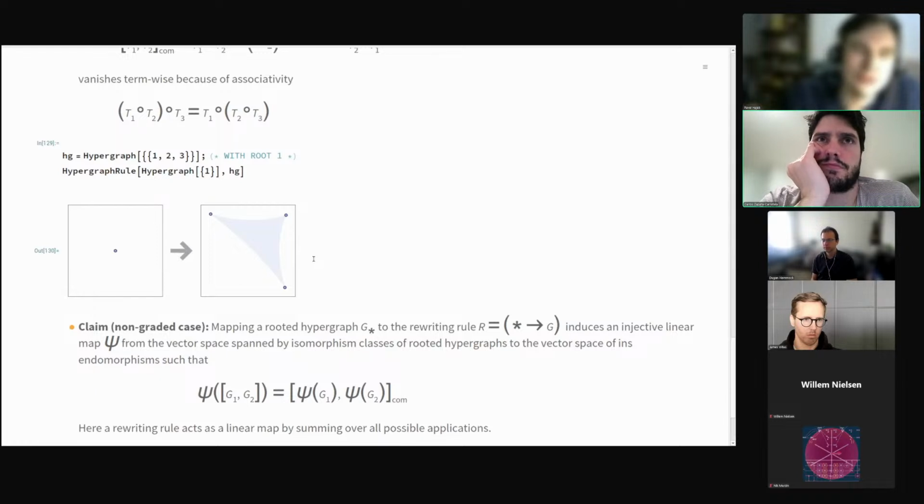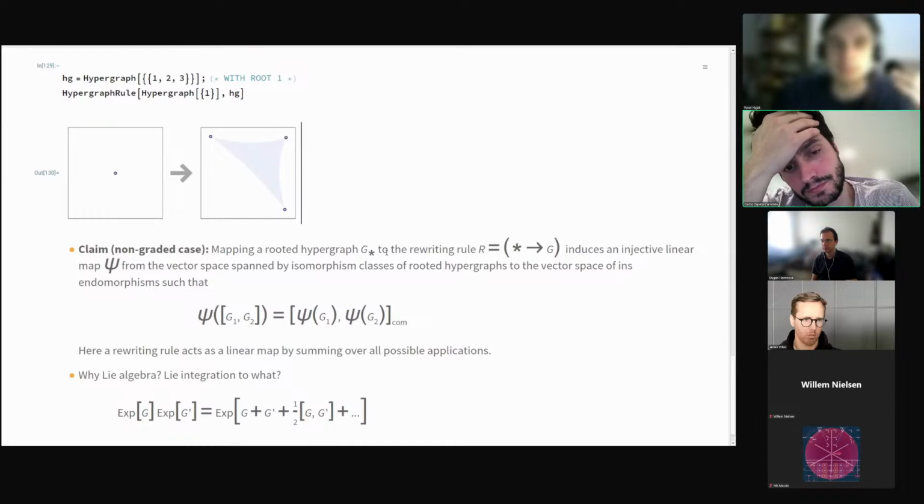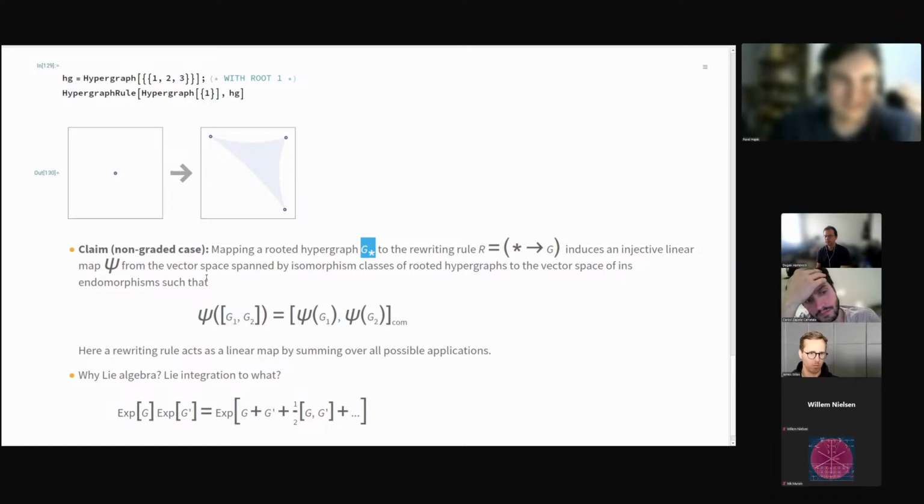If you apply it to one single rooted hypergraph, you just apply it in all possible ways and take the sum. So take the vector which you obtain like this. So it's linear and it extends in a linear way. So you are basically mapping isomorphism classes of a rooted hypergraph to a linear map on the vector space of isomorphism classes of rooted hypergraphs.